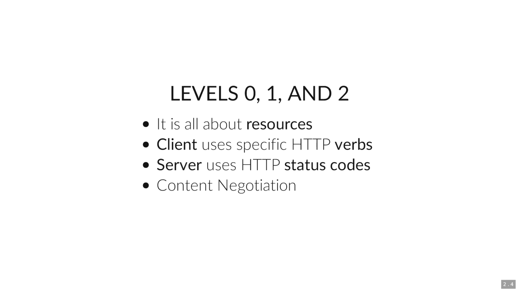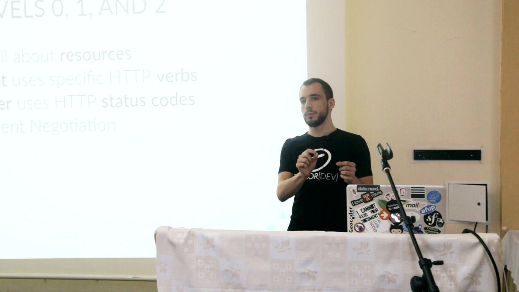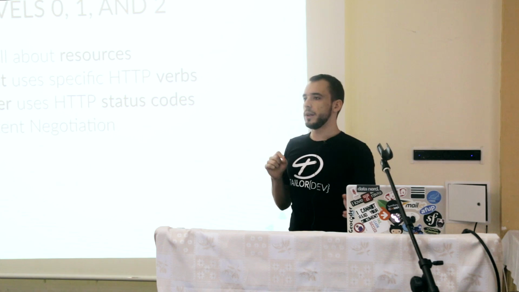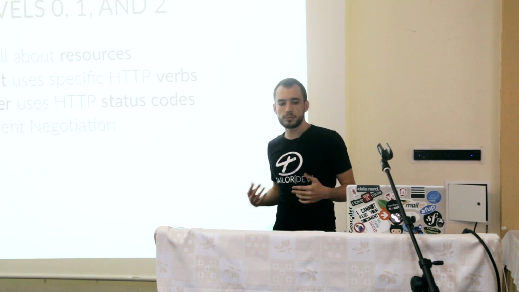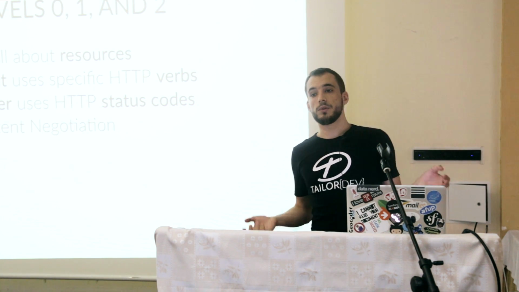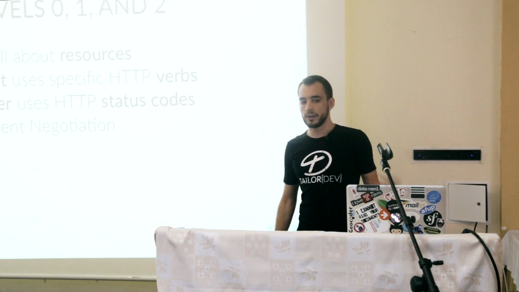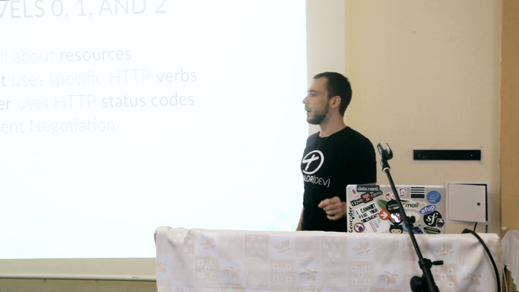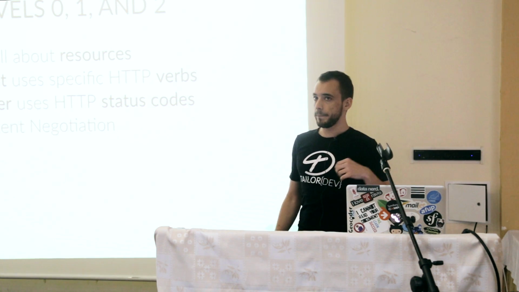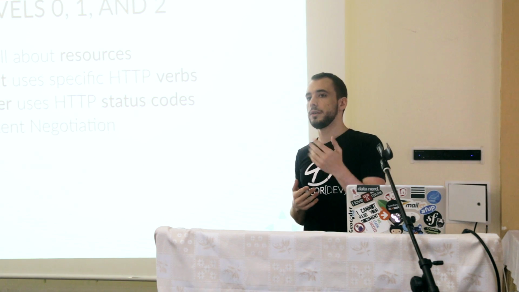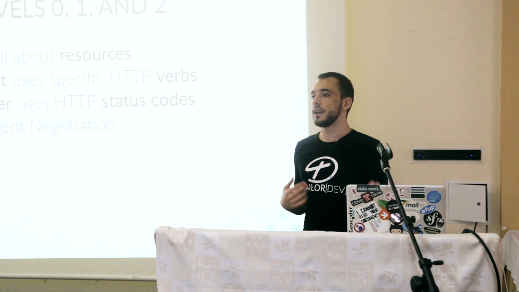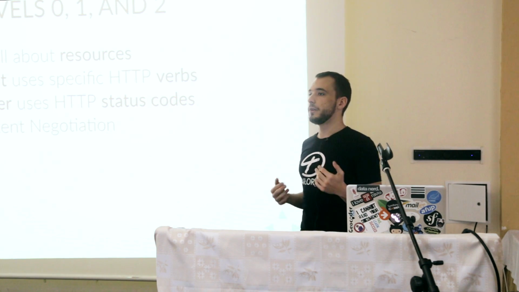So levels 0, 1, 2 are actually all about resources, so we care about having proper nouns in the URIs. We spend time designing URIs properly, then we use HTTP correctly, like the client uses the right HTTP verbs or methods to express actions on the server, and the server replies with proper status codes so that the client knows what happened on the server side.